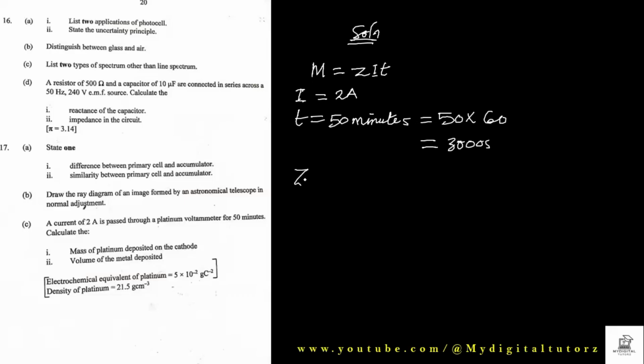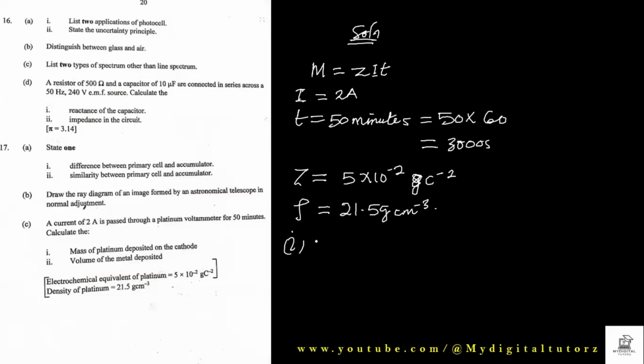And again, the Z, which is the electrochemical equivalent, is given to be 5 times 10 raised to the power minus 2 gram per coulomb, and the density rho is given to be 21.5 gram per centimeter cube.